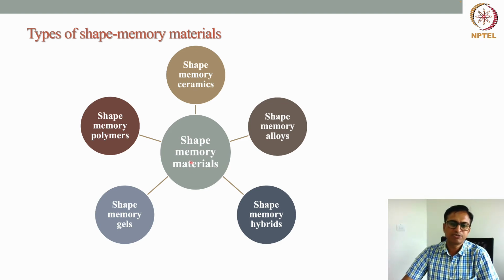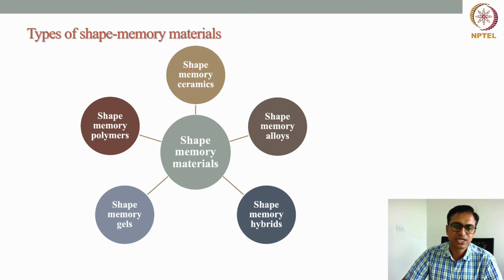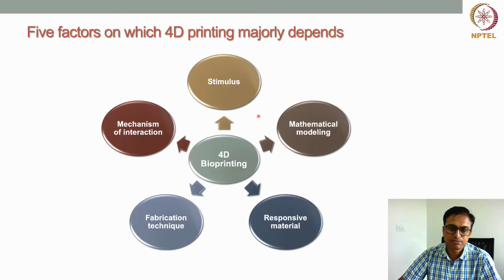There are different types of shape memory materials, like shape memory ceramics, alloys, hybrids, gels, and polymers. All these different types of materials are possible. So please read the literature. You will find many more examples of these shape memory materials for bioprinting applications.